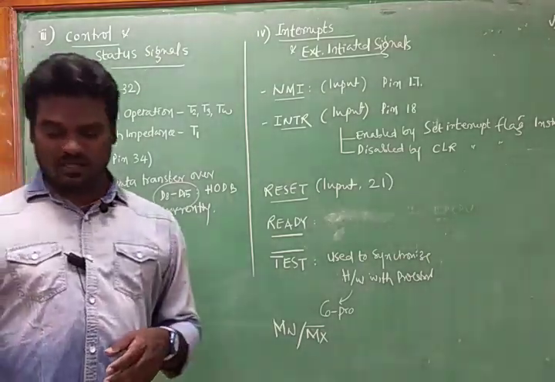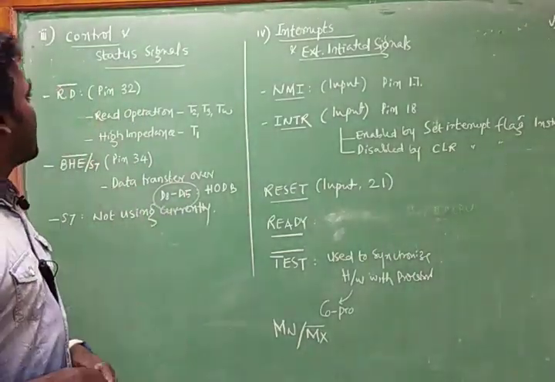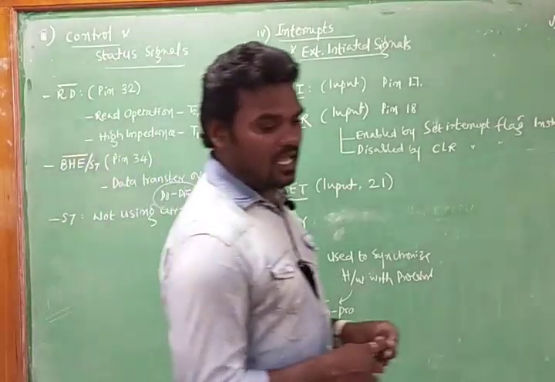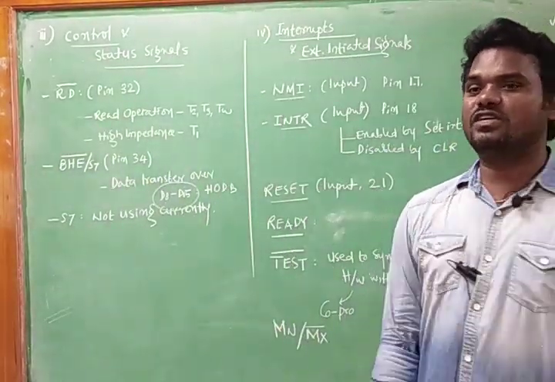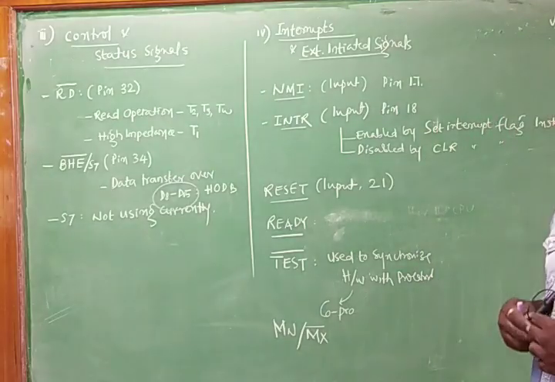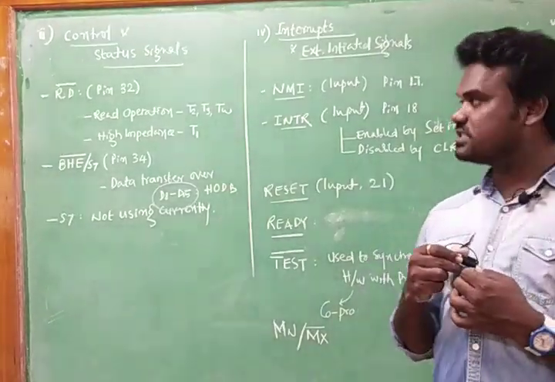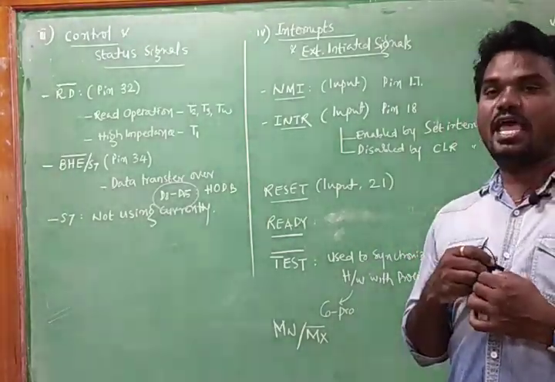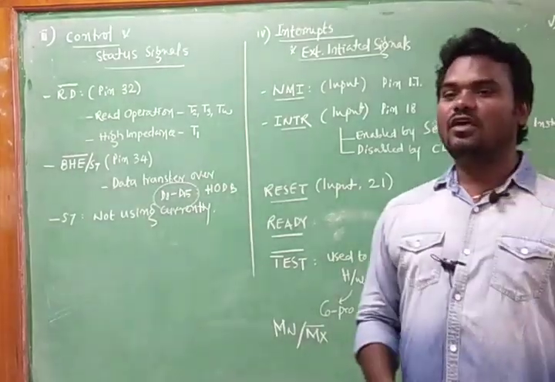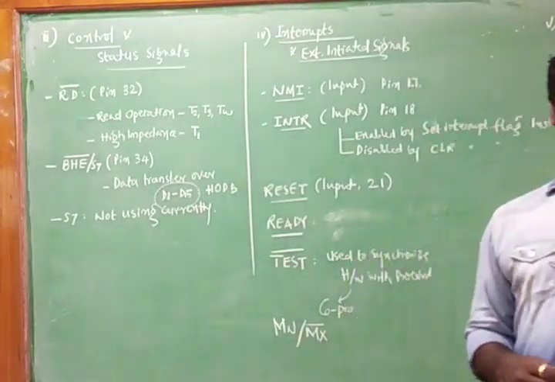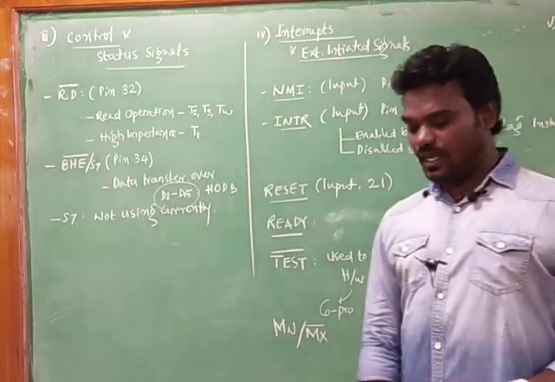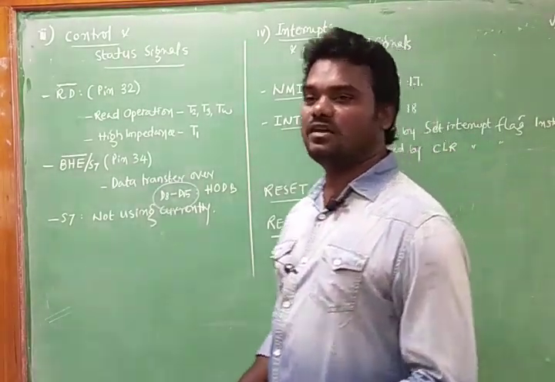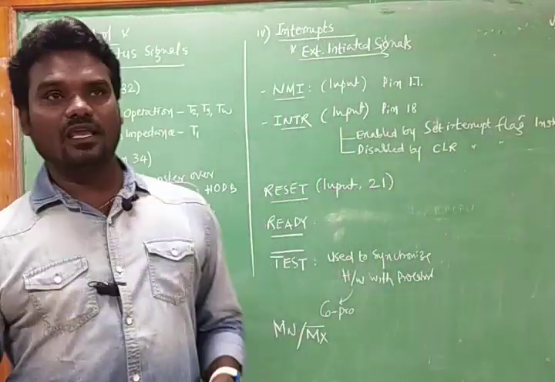And the third one is the control and status signals, in which we have studied 3 pins. First one is the read signal, pin number 32, which is an active low input signal. Whenever it takes logic 0, it indicates the read operation from the I/O devices or the memory.